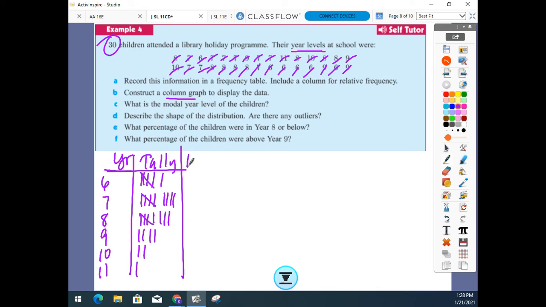So let's count up our frequency. I have 6 sixes. I have 9 sevens, 8 eights, 4 nines, 2 tens, and 1 11. So then I want to add up.